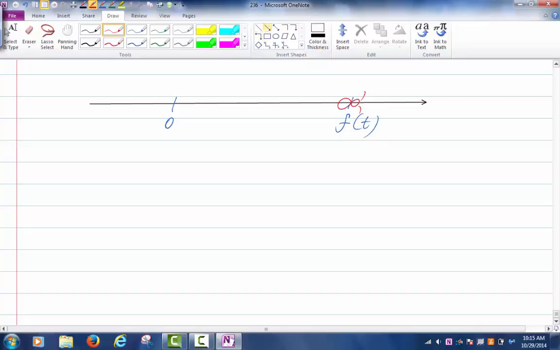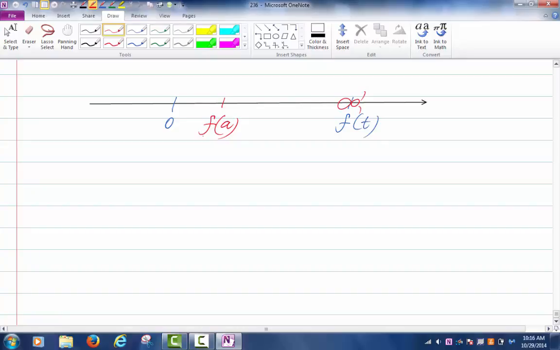So f of t here represents the position of a moving object at time t. So let's say we have a bug that satisfies the following: at time a, so a is some time, the position of the bug is this point. So f of a is that point, the position at time a.